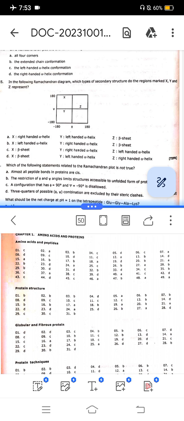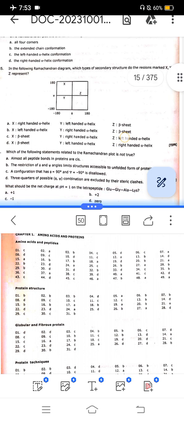C means X indicates beta sheet. Remember, X is beta sheet, Y is right-handed alpha helix, and Z is left-handed alpha helix. Is that okay?